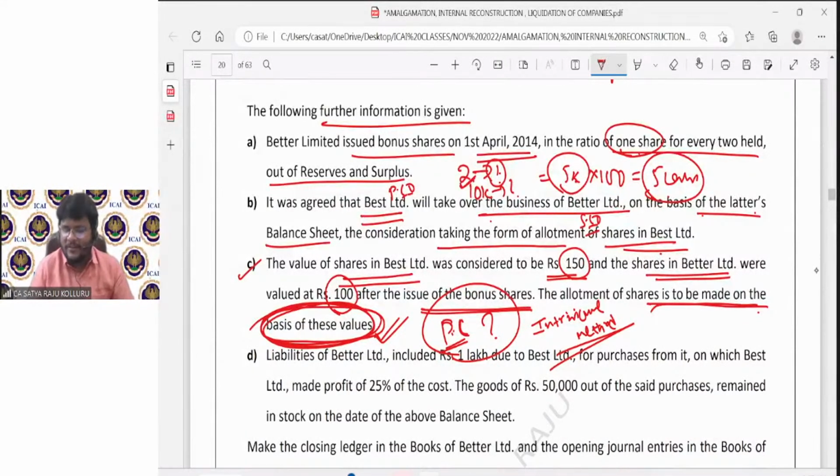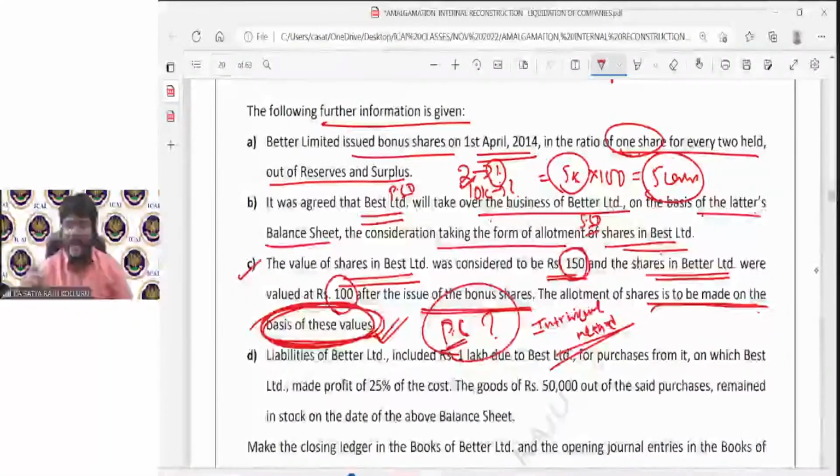How can you tell, sir? Simply, what he is telling, he is not using the word intrinsic value, but everything he is providing is like intrinsic value only. Just concentrate. One more time I will repeat, then you can easily connect. The value of the shares in Best Limited was considered to be 150.